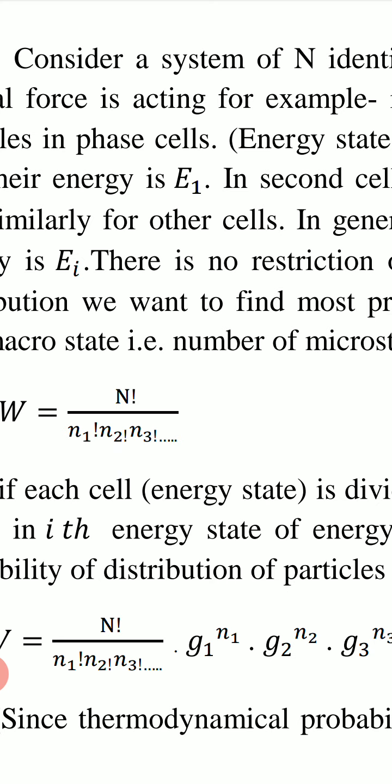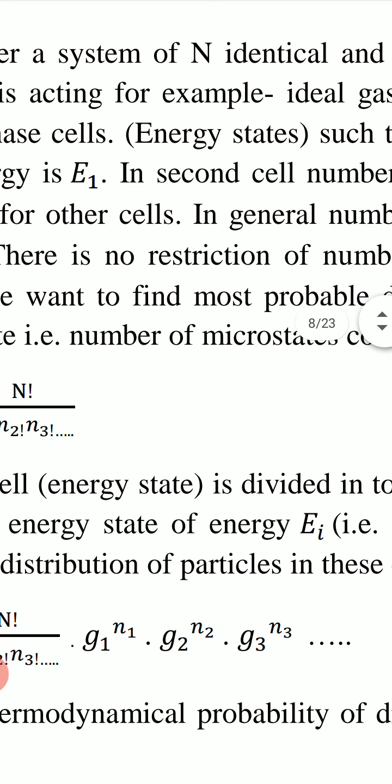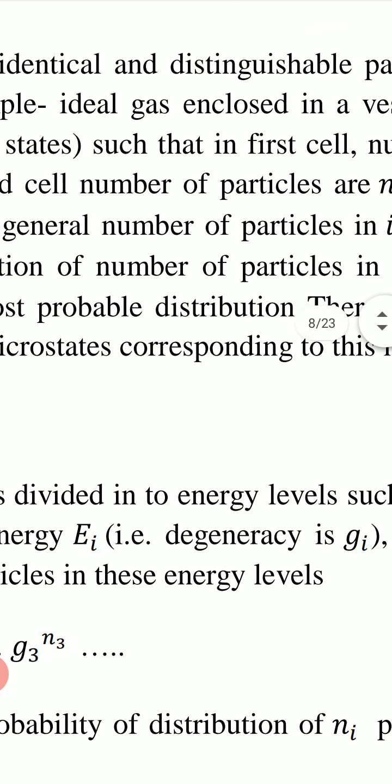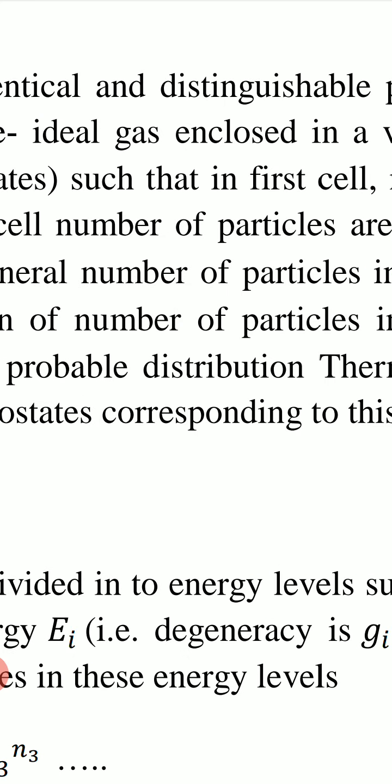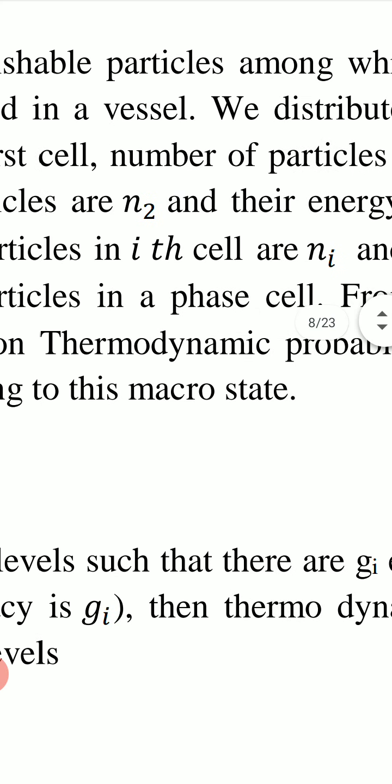So the total number of particles is capital N, and these particles are identical and distinguishable. We can distinguish these particles, and we also consider that no force is acting between these particles.